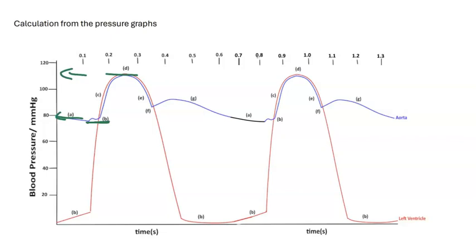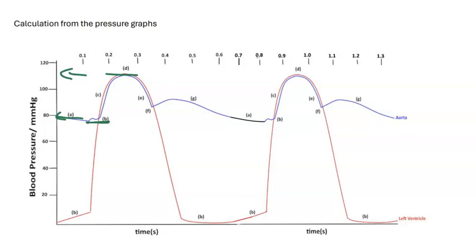Another interesting question that could be asked about this is, how long is a heartbeat? And this would be obtained by measuring the distance between the peaks, almost like the wavelength of this graph.